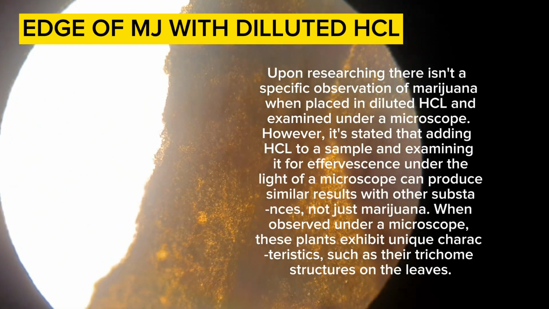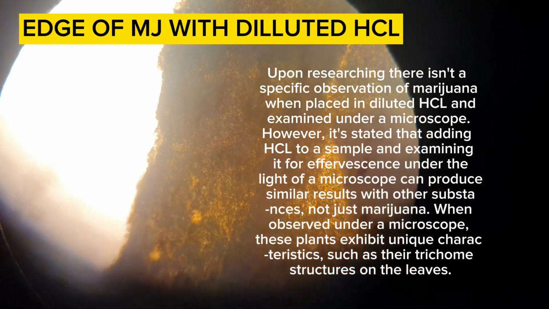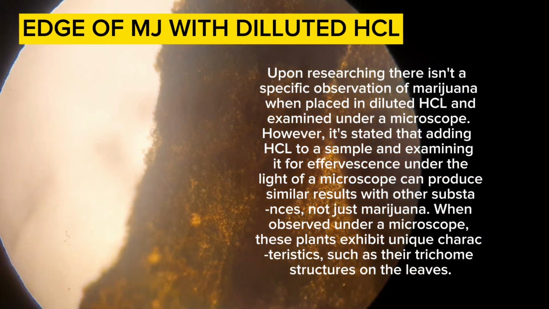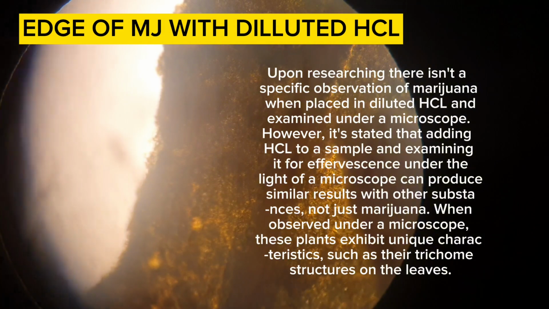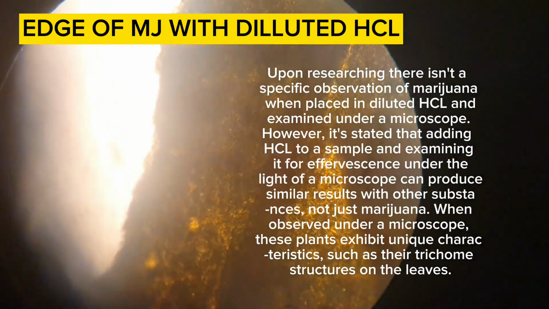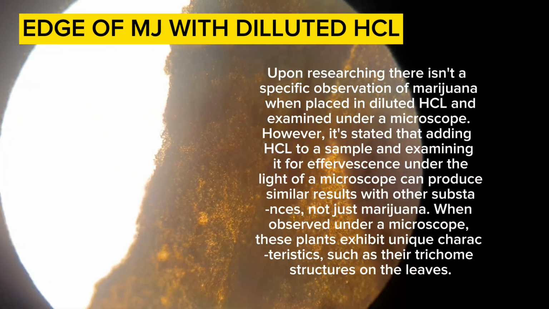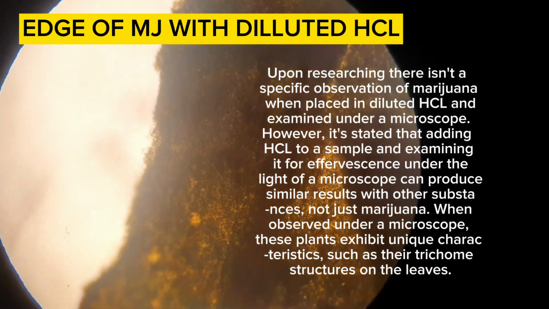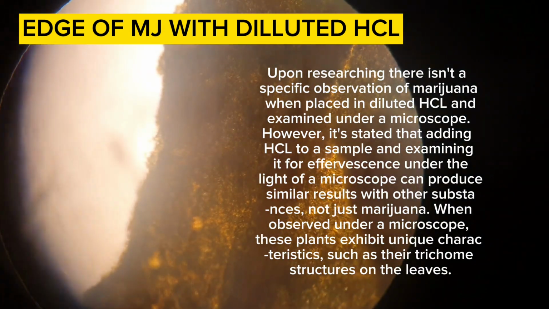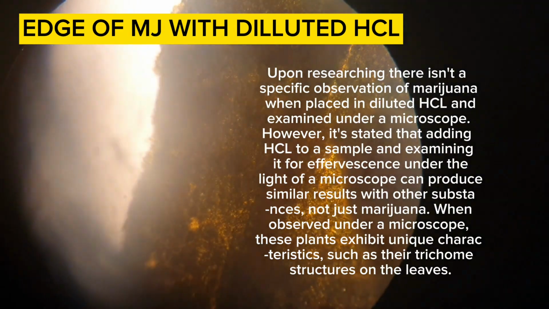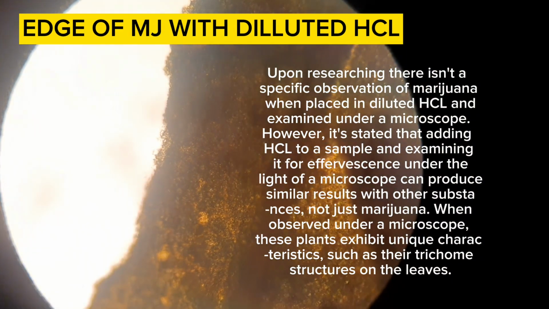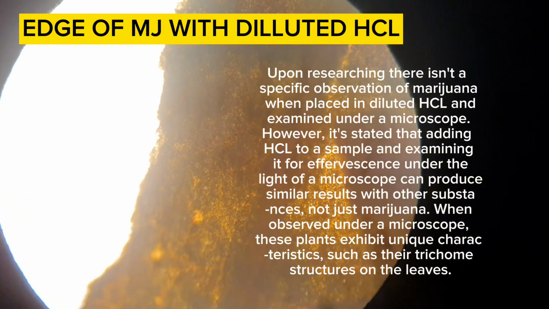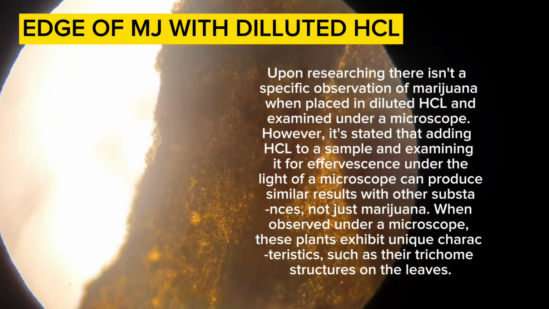Upon researching, there is a specific observation of marijuana when placed in diluted HCl and examined under a microscope. However, it stated that adding HCl to a sample and examining it for effervescence under the light of a microscope can produce similar results with other substances, not just marijuana. When observed under a microscope, these plants exhibit unique characteristics such as trichome structures on the leaves.